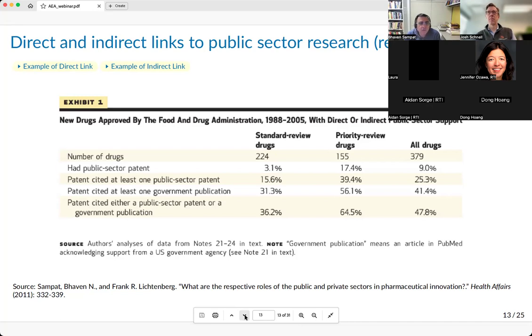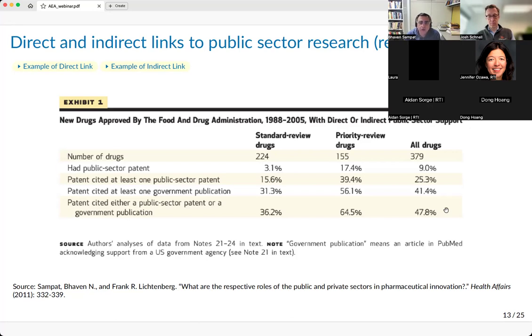And if you just look at the last row here, there's a lot of information here, so no need to go through it all. But if you look at all drugs approved over the 1988 to 2005 period, about 9% of them had at least one patent with a government interest statement, but about half of them, 47.8%, cited back to either a patent or a publication that acknowledged NIH funding.